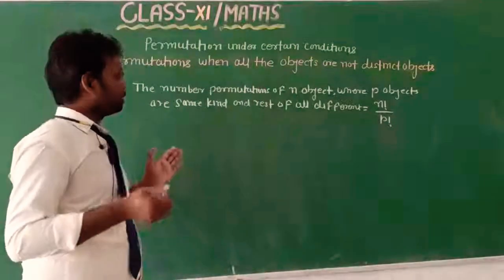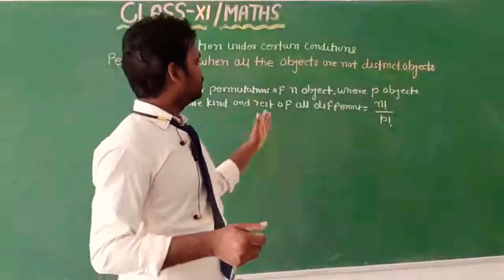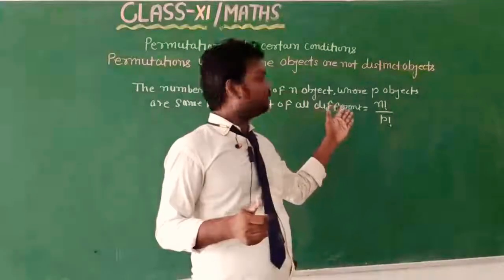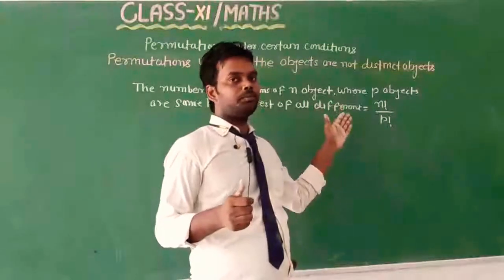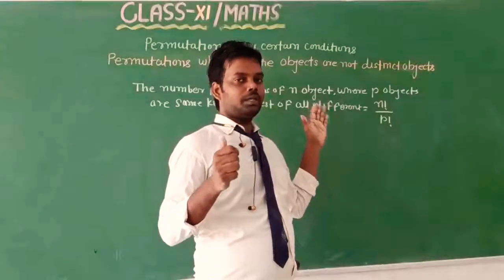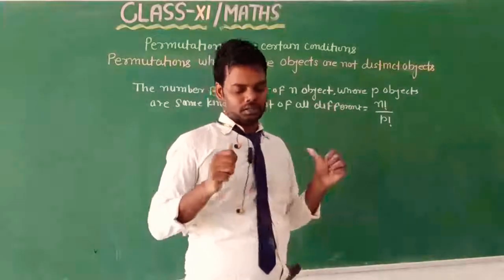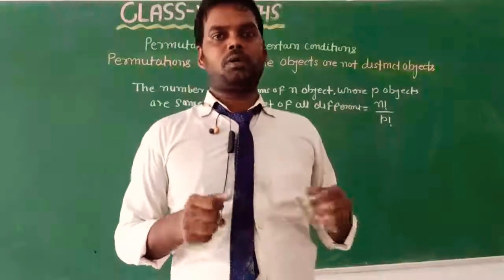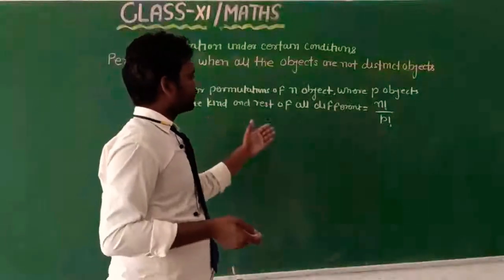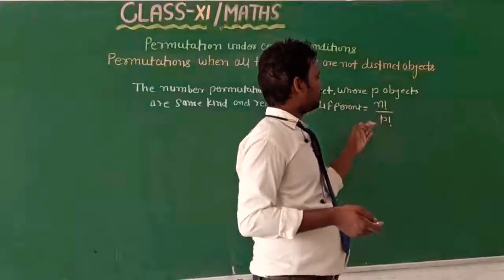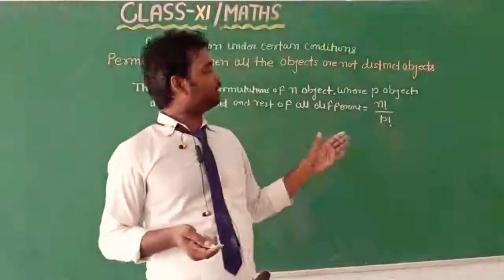So the number of permutations of n objects where out of n, p objects are of the same kind and the rest all different, is n factorial upon p factorial.